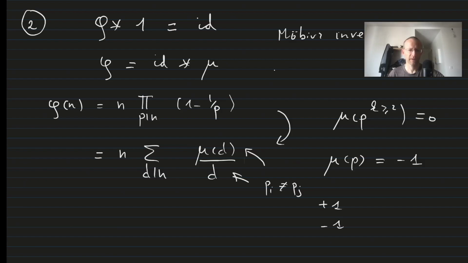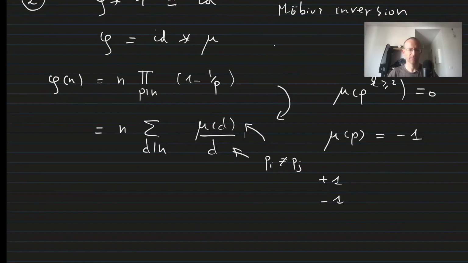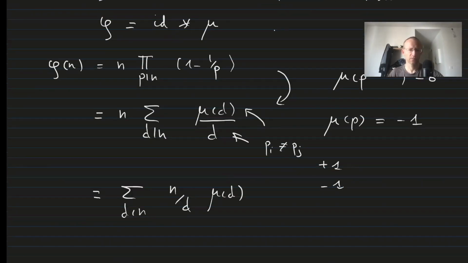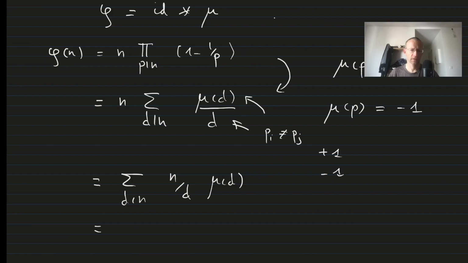So indeed if we expand this out we do get this expression, and this is nothing but the sum over divisors d of n of n over d times mu of d, which is indeed equal to the identity star mu. So phi is identity star mu, and we have given a second proof of the formula.